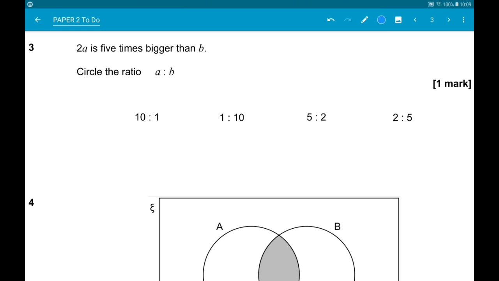Number 3. 2a is 5 times bigger than b. Circle the ratio a to b. Okay, first of all, let's get the equation. So 2a is 5 times bigger than b. So 2a is 5 times b.